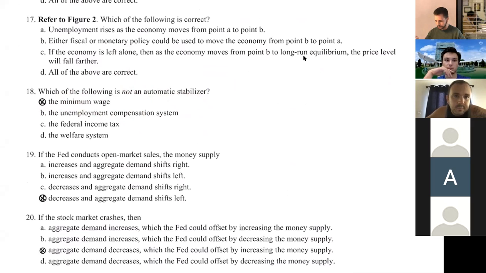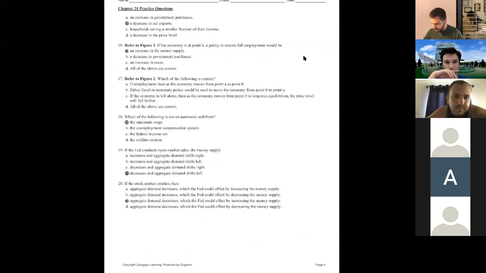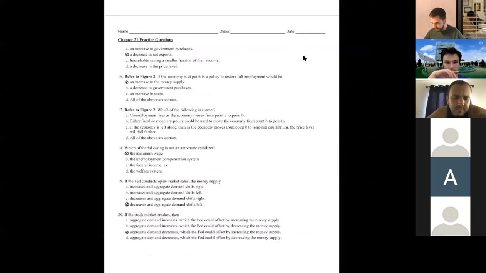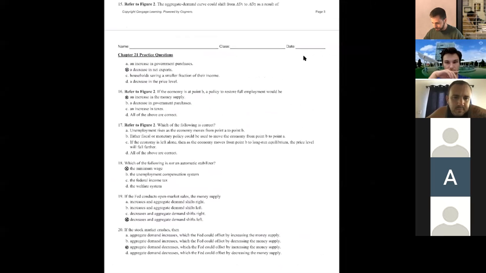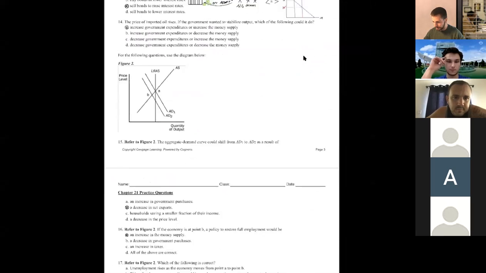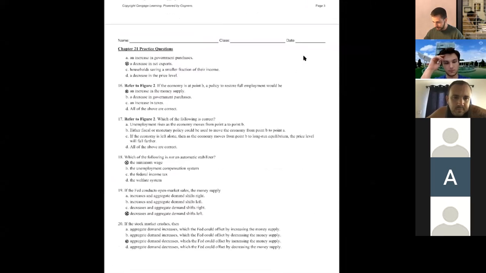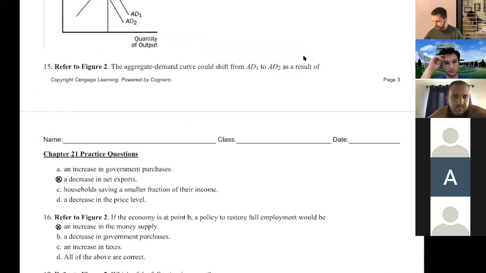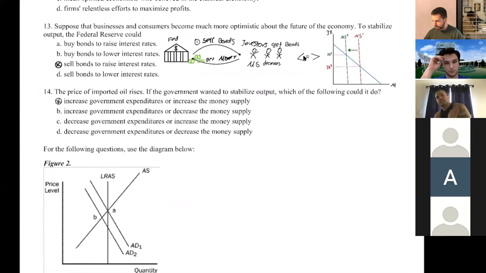The Fed conducts open market sales. The money supply decreases and aggregate demand shifts left. I think open market sales is basically selling or buying bonds, which affects interest rates, and then it shifts left.